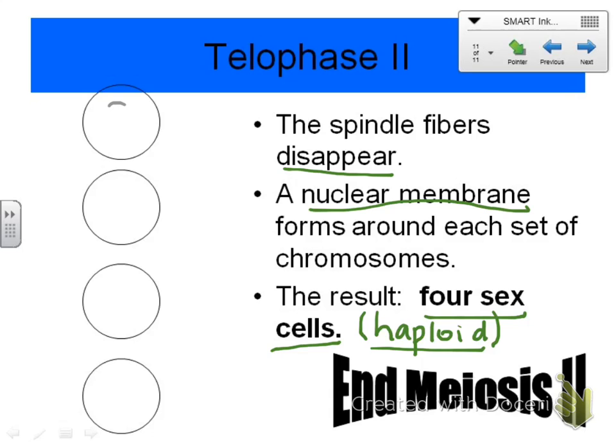So each cell gets a nuclear membrane. This one's not as hard. And then each one, my top 2, I've got a half and a half. And then my bottom 2, I've got the other colors. So are my cells all identical?